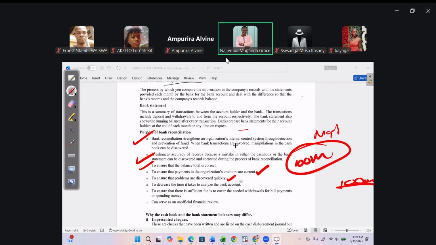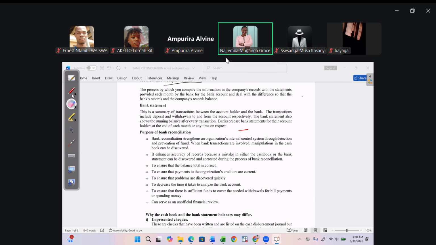It decreases the time it takes to analyze the bank account. Because you have a reconciliation, you can easily analyze your bank. Then also to ensure that there are sufficient funds to cover the needed withdrawals for bill payments or spending money, and so many others.